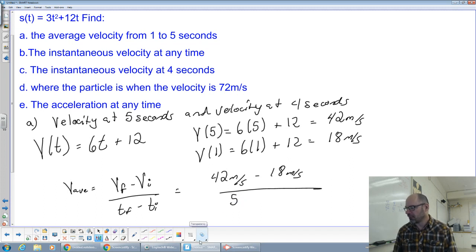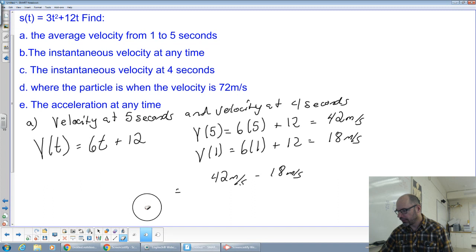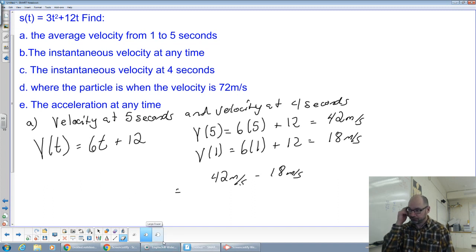Well, this is going to give us, pardon me guys, this is going to give us acceleration. You don't want acceleration. This would be an acceleration. Okay, so we have two speeds. You have to get the average, just a regular average question.